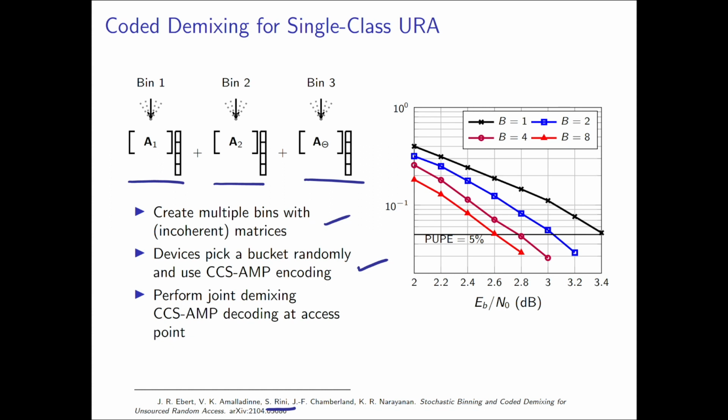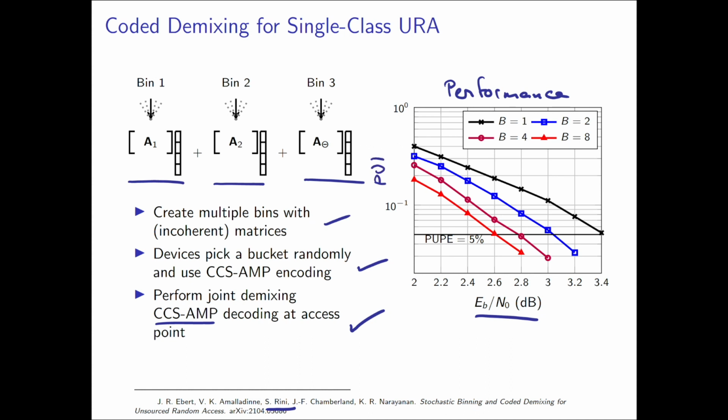We can then perform joint demixing across all the buckets using CCS AMP. This is more computationally intense, and we have to estimate the number of devices per bucket. Still, performance seems to increase significantly as we grow the number of buckets. On this figure, the x-axis is Eb/N0 in dB, and the y-axis is the per-user probability of error.